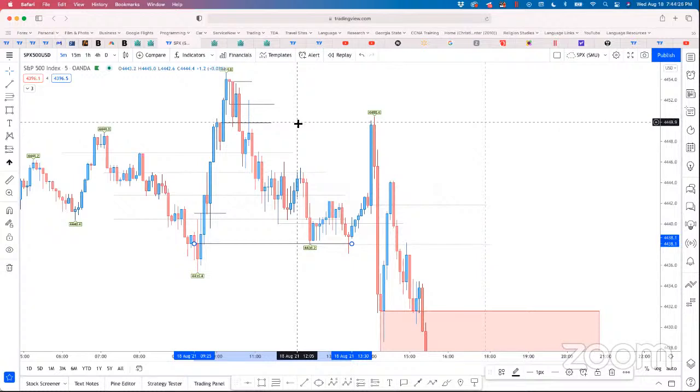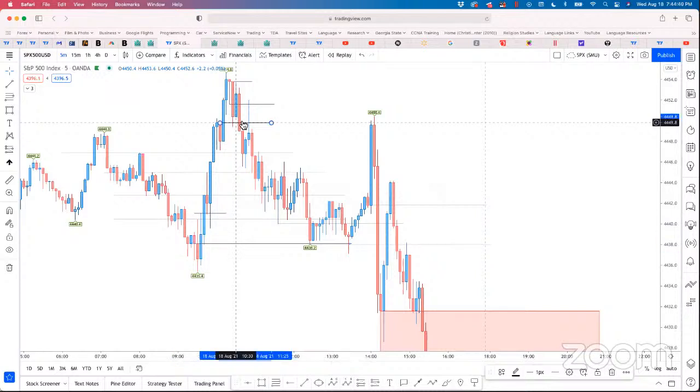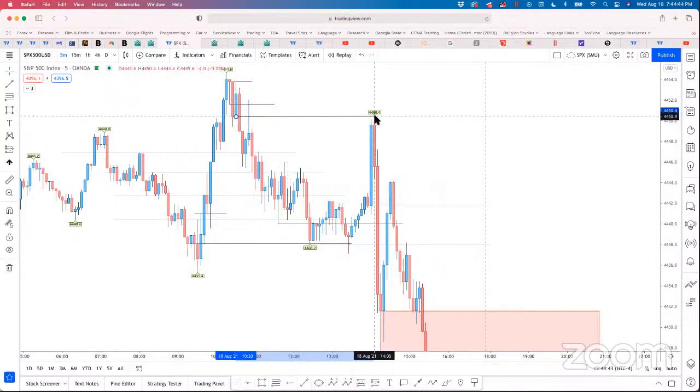Now, does it come up to 50% of this one right here? No, it doesn't. Does it come to the low of this one? It absolutely does. The low of this order block is exactly the high of this candle right here.